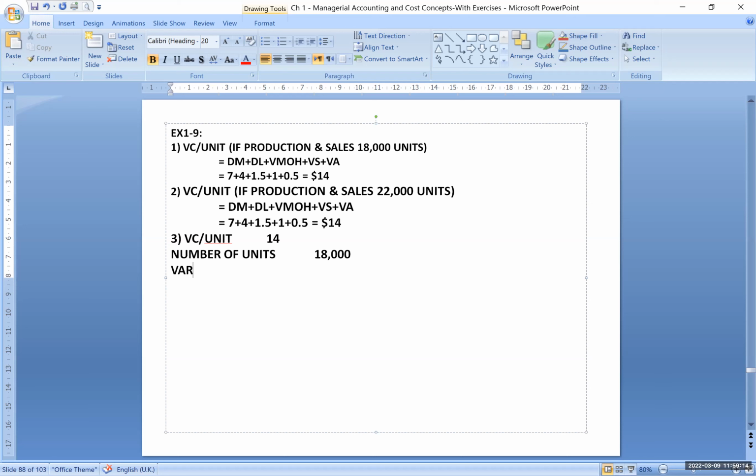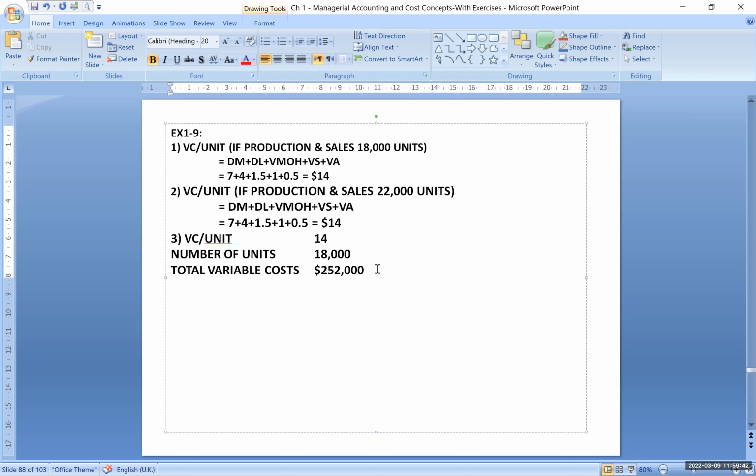So the total variable costs will be 14 times 18, and this equals $252,000.